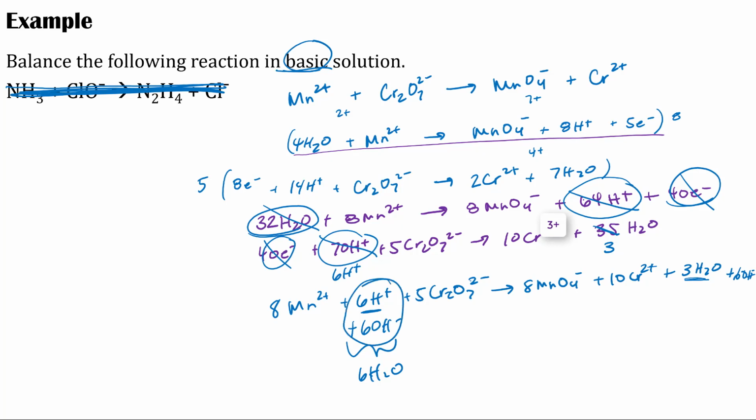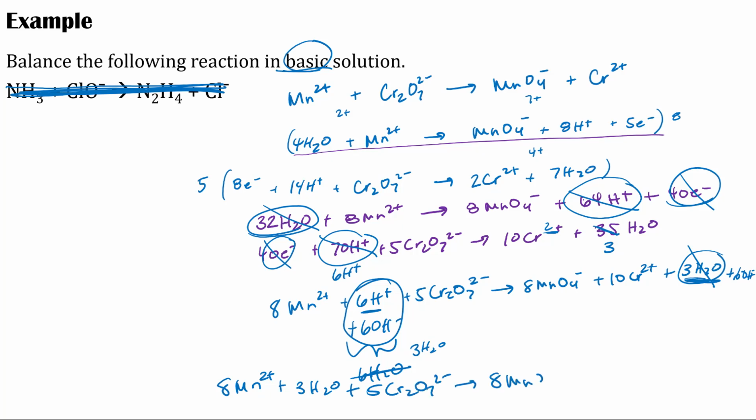And so this would make 6 waters, and I've got 3 waters here, so those 3 waters would cancel out, and I'd have 3 waters left over. So now if I rewrite this, it would be 8 manganese plus 3 waters plus 5 dichromates goes to 8 permanganate plus 10 chromium 2 plus 6 OHs.